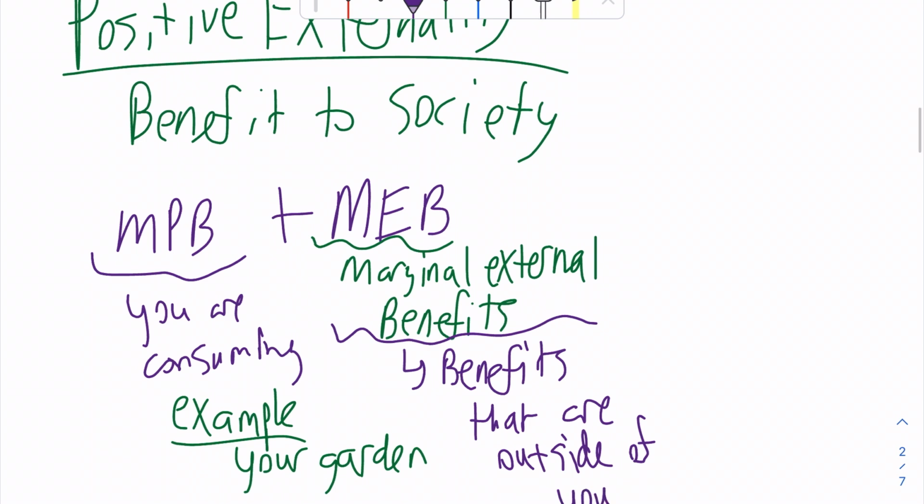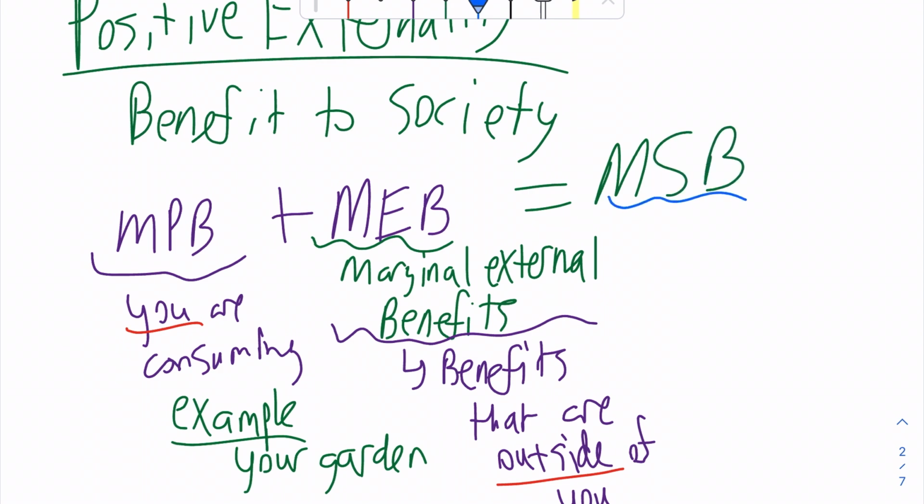So when we add you and everybody outside of you, guess who that is? That is your society. So when you add your marginal private benefits and the marginal external benefits, this adds up to your MSB, which is your marginal social benefit.